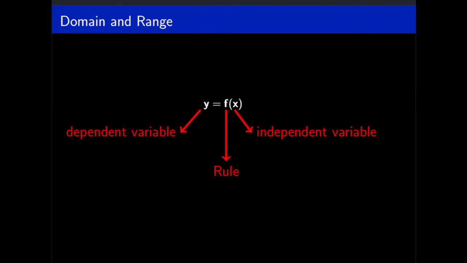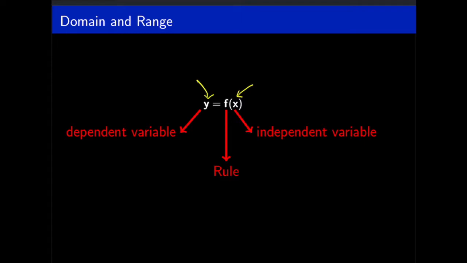In our previous video, we learned the notation of the function. In a function, basically, we have three entities: x, which is an independent variable, y, which is a dependent variable, and then there is a relation between x and y, which we call the function.